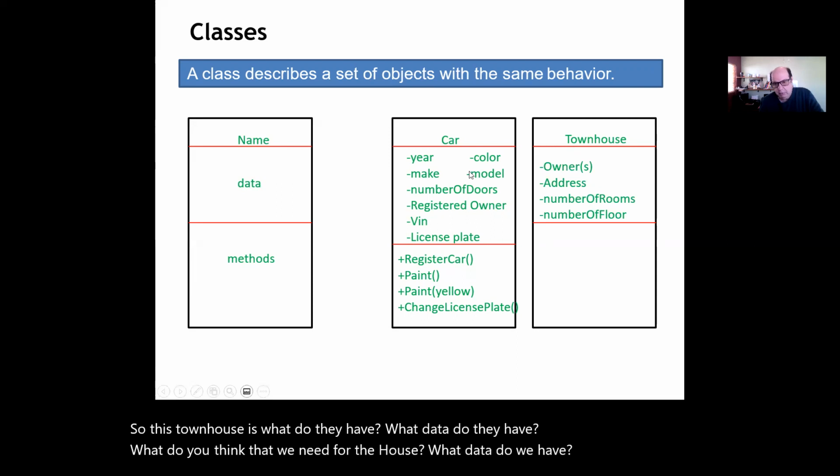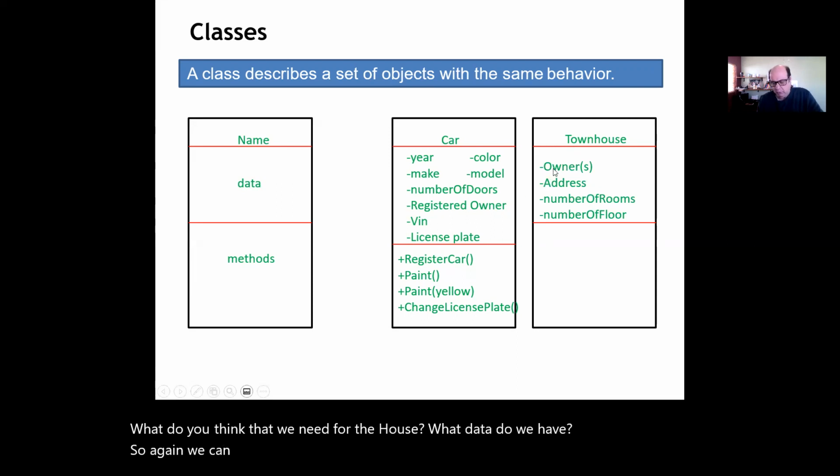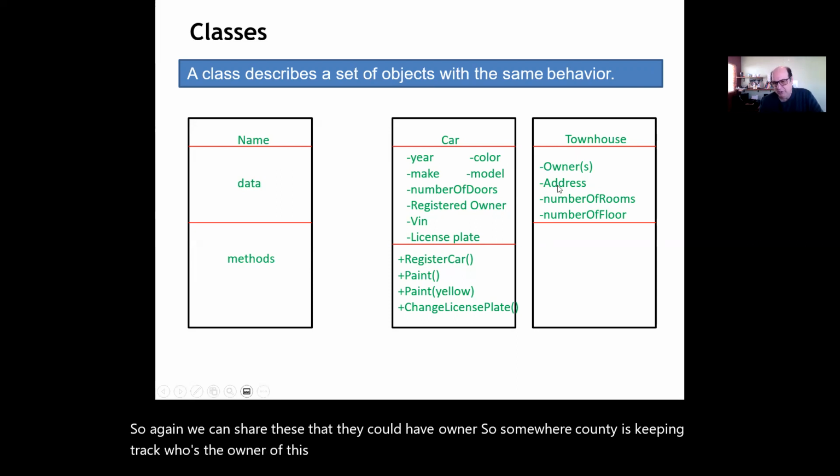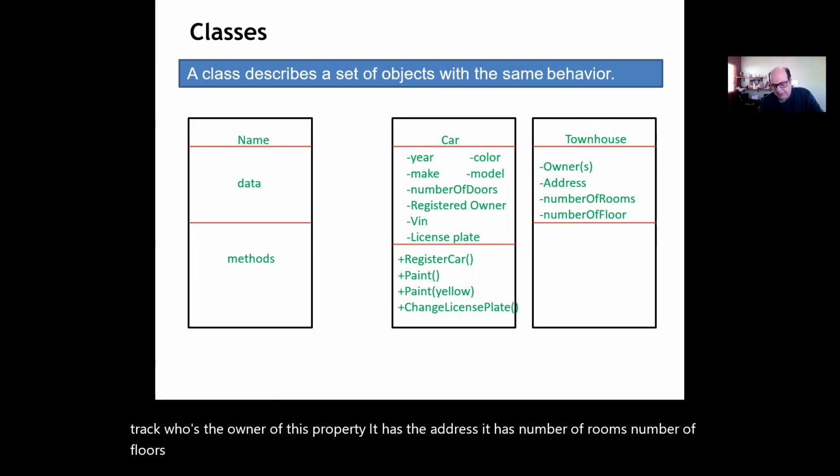Again, they're going to have an owner. Somewhere the county is keeping track of who's the owner of this property. It has the address, the number of rooms, the number of floors, and a bunch of other data that we can have in a house.